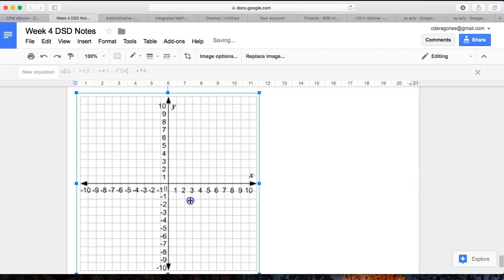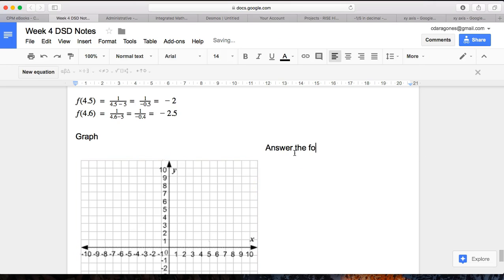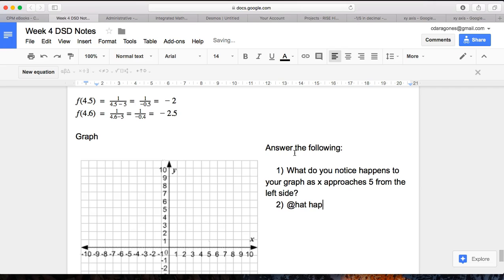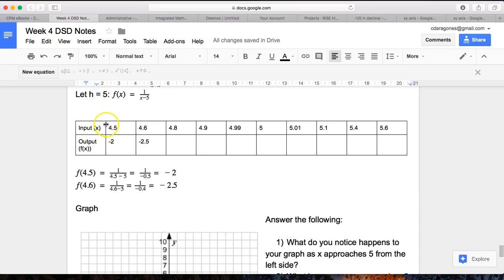What do you notice happens to your graph as x approaches 5 from the left side? What happens as x approaches 5 from the right side? As you get closer and closer to 5 from the left side, what happens?